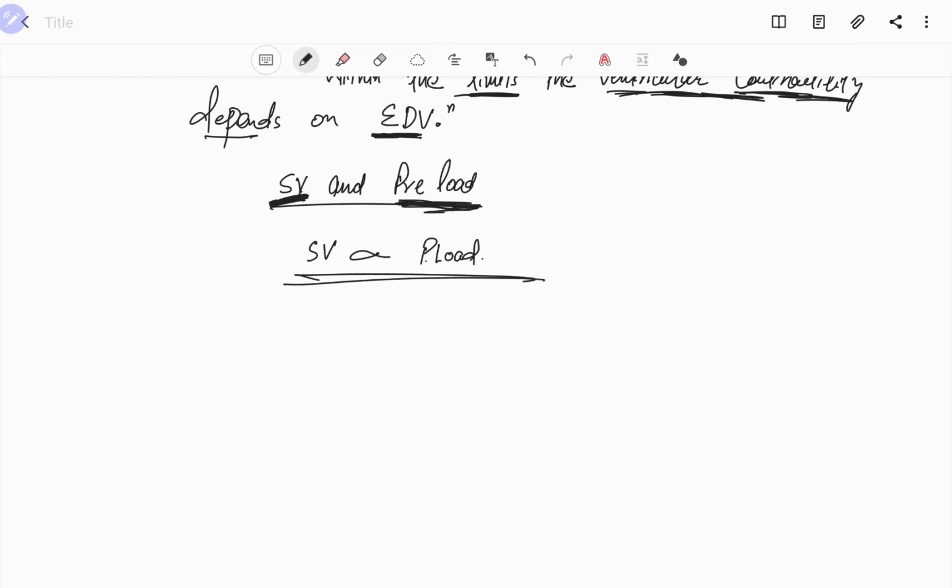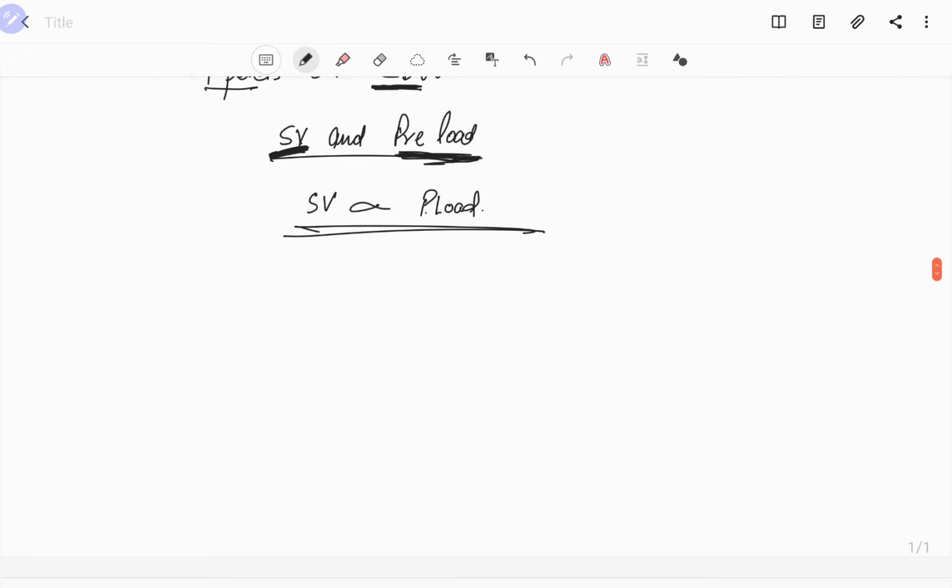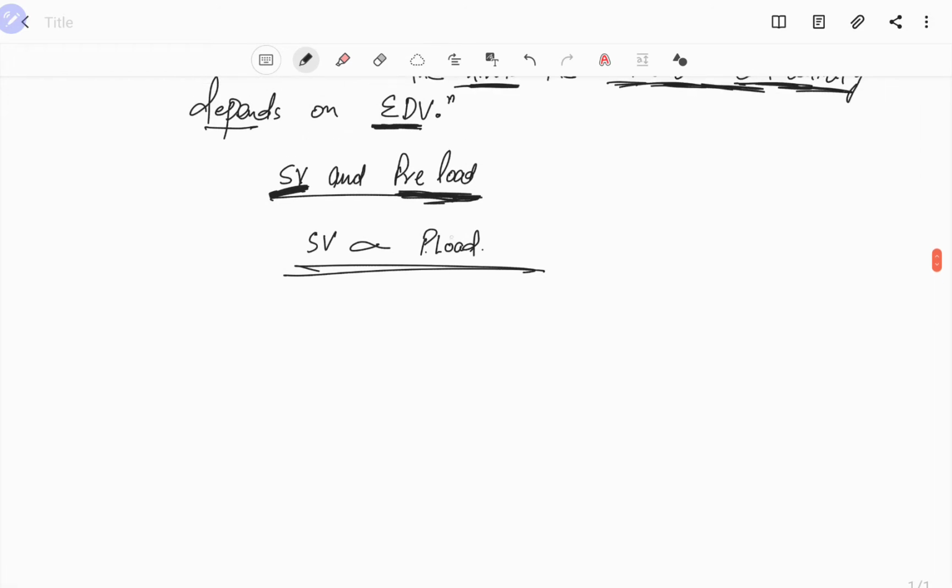I will give you an example. Preload in the ventricle is the end diastolic volume. The more the end diastolic volume, the more blood there is in the ventricles.